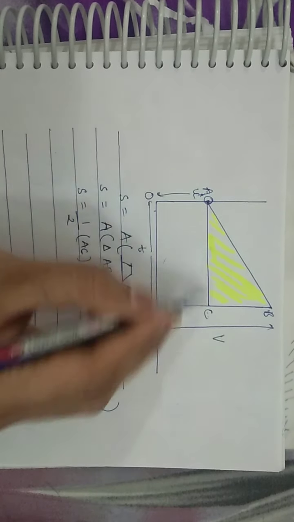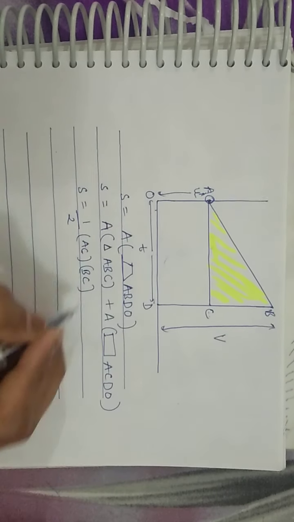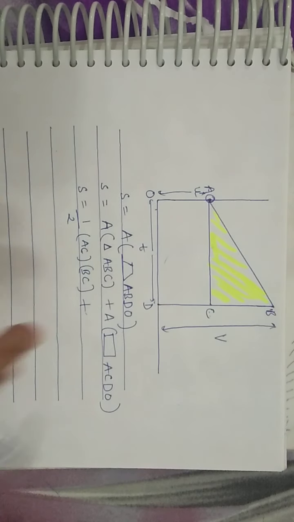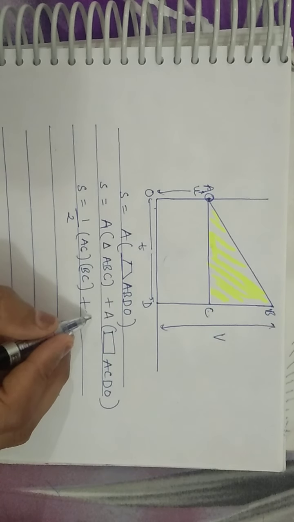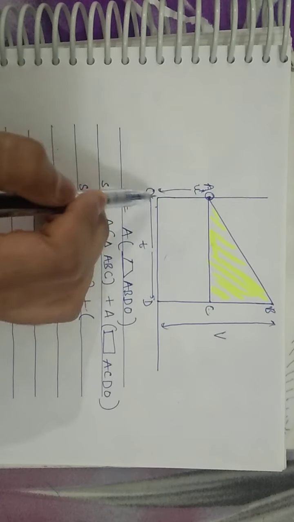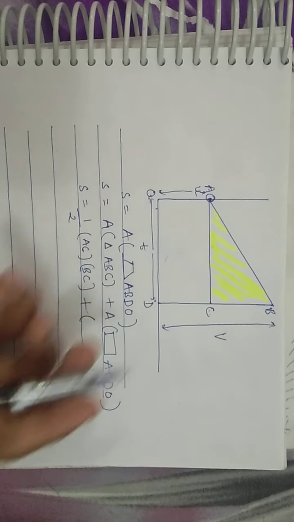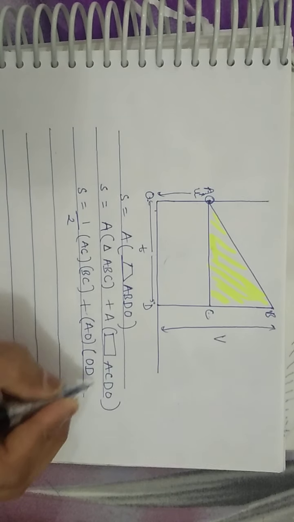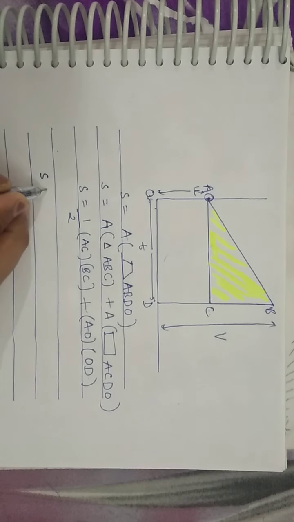So AC into BC plus, what is the area of this rectangle? That is length into breadth. What is the length in this complete rectangle? The length is AO. And what is the breadth? It's OD. So simply writing it as AO into OD.